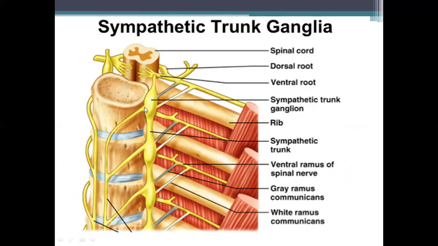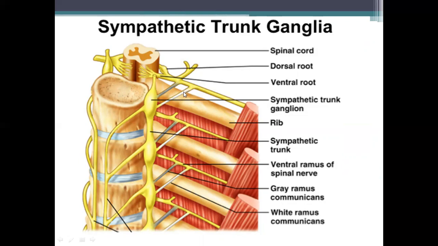What are gray rami communicantes and what are white rami communicantes? Gray rami communicantes are postganglionic fibers. We'll take an example. Suppose this is the sun. When we go into the sun and return home, we'll be tanned, right?